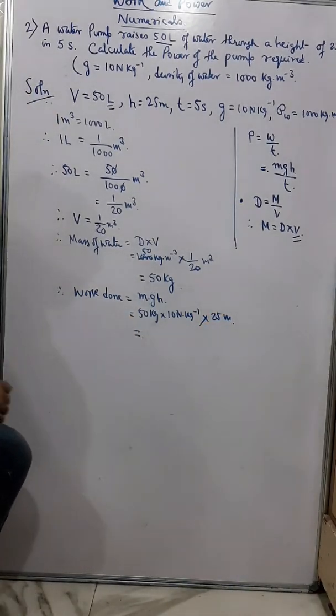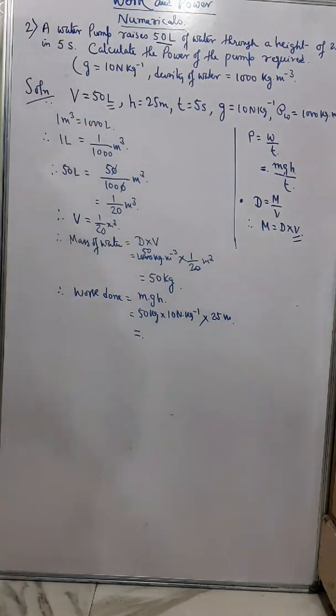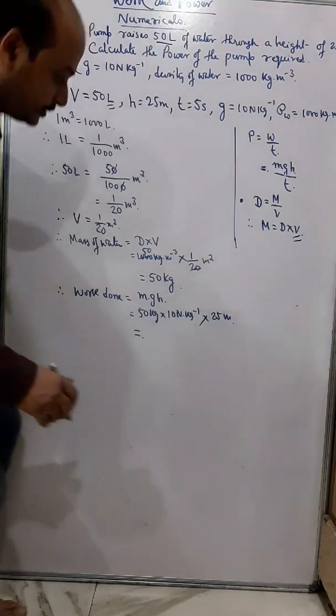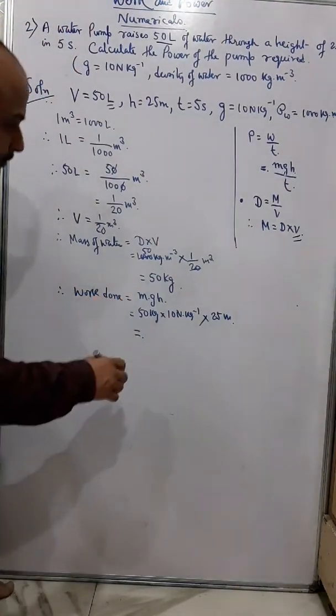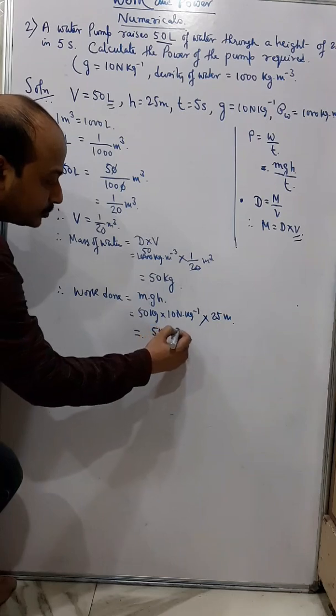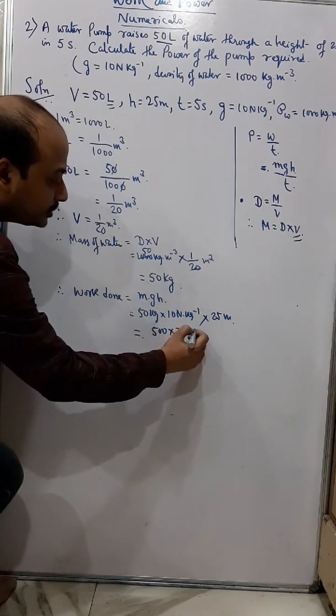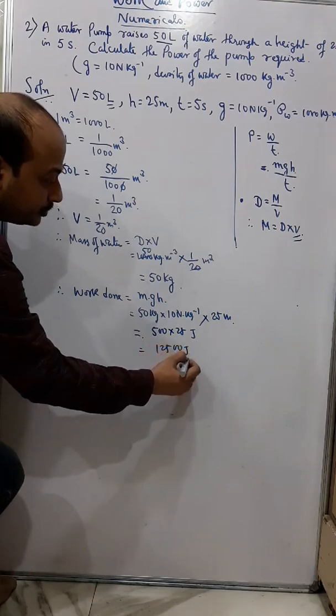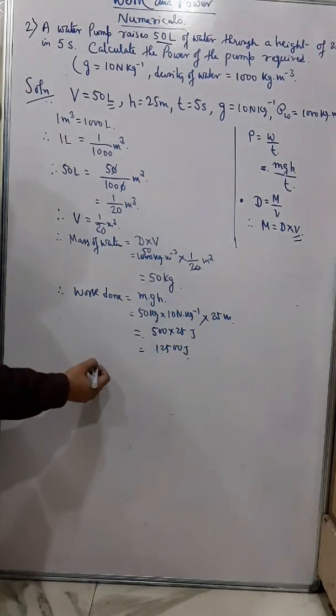Okay, so now we can put the values and we'll get the answer. So we are getting this is the work done. We can say it is 500 into 25 joule, or 12500 joule, and then we'll get power.